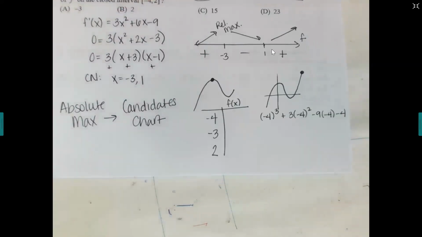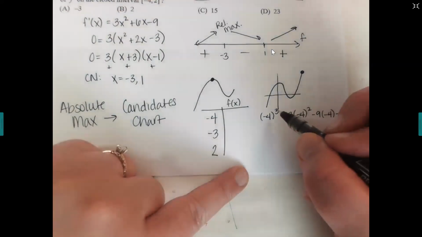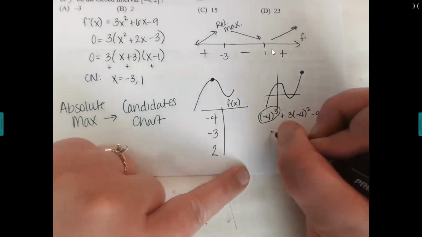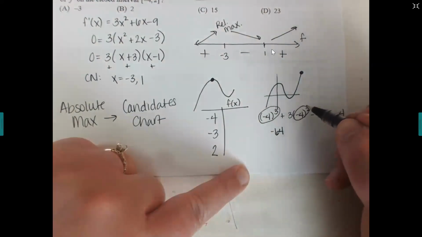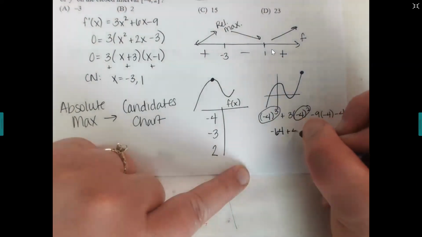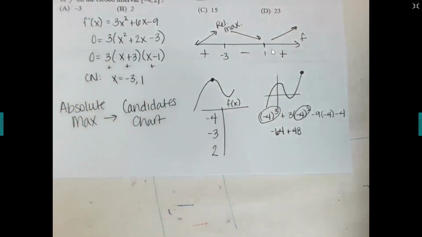Even though it looks kind of annoying, a lot of times the numbers will work out to not be too bad. So that's going to be -64. 4 squared is 16, times 3 is 48. Also make sure that you square first, then multiply by 3 second. We've got to follow PEMDAS there.